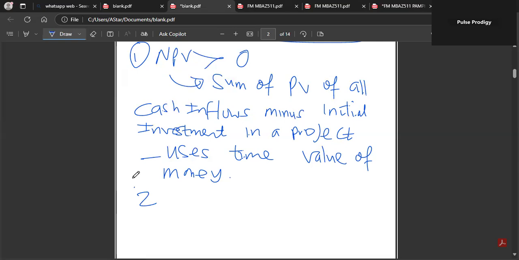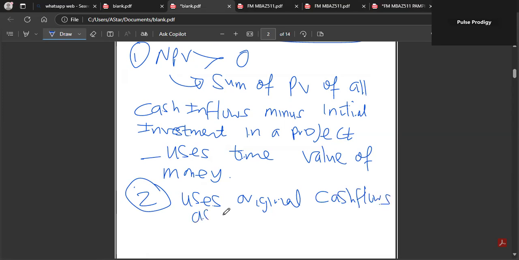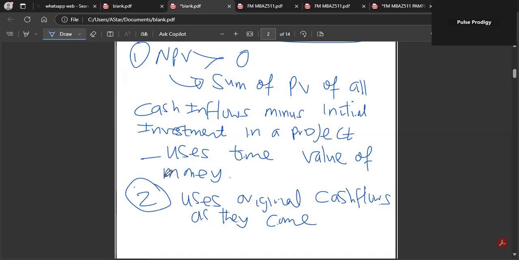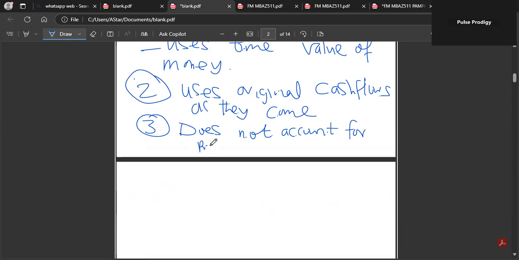And in short, this NPV does not account for profits.